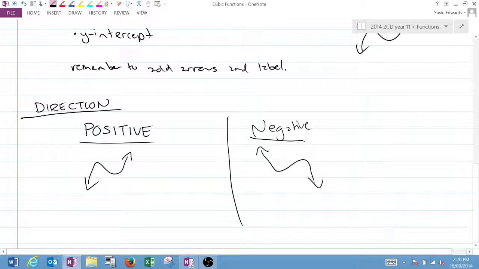If you look at the ends of the line, ignoring the bump in the middle, you'll notice a positive line goes in a positive direction, just like a linear line would, and a negative line goes in a negative direction. If you just disregard the middle section and look at the ends, positive and negative, you should still be able to get there.